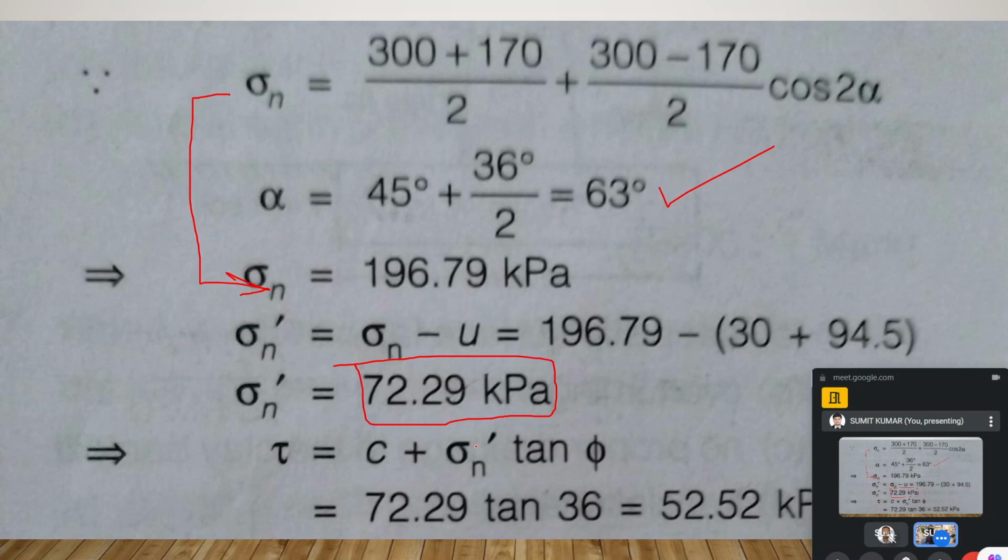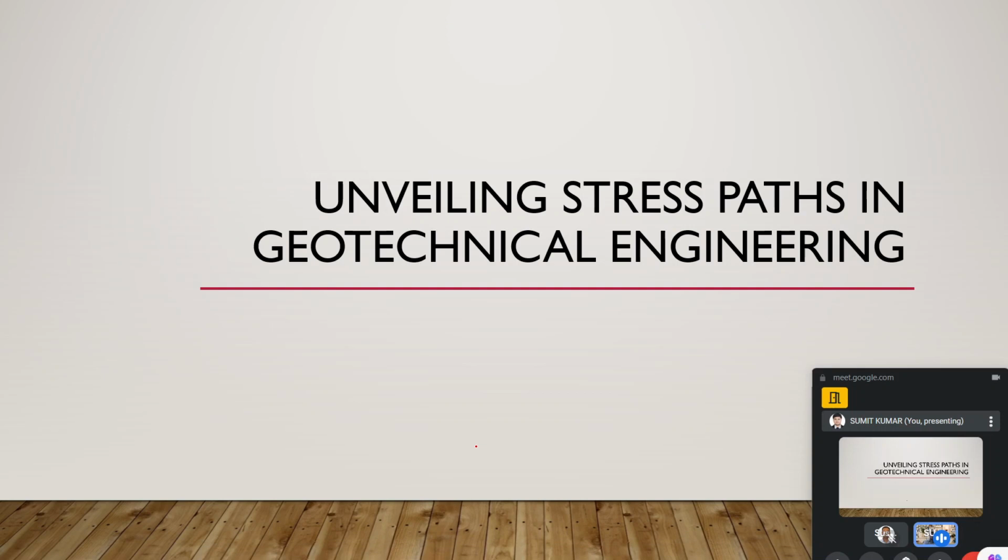Now we will move ahead with new concepts which we have been talking about from very early. What are those concepts we need to go with? First of all, we understood what we mean by stress path, and I have also kept one or two problems from the stress path.